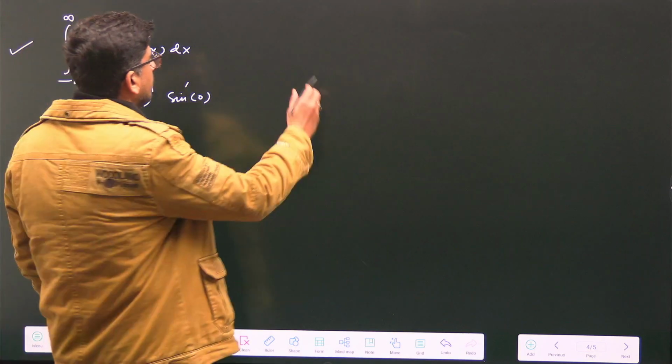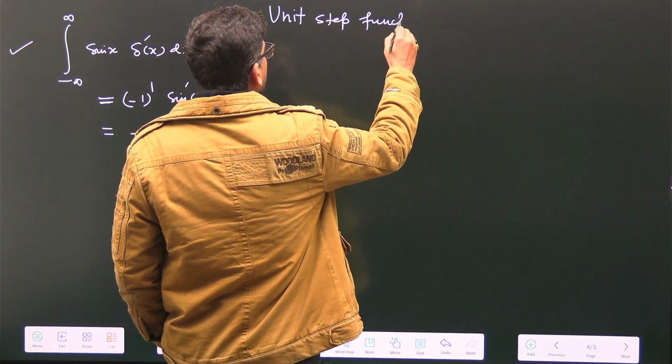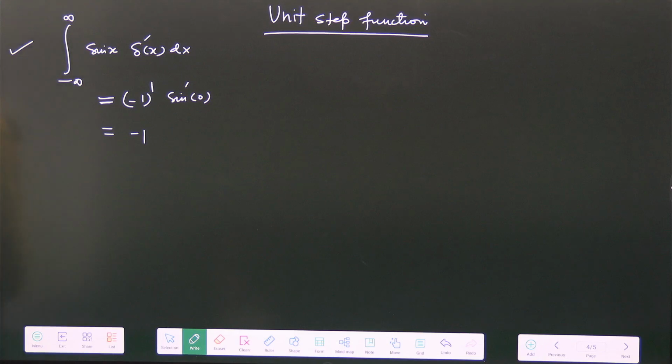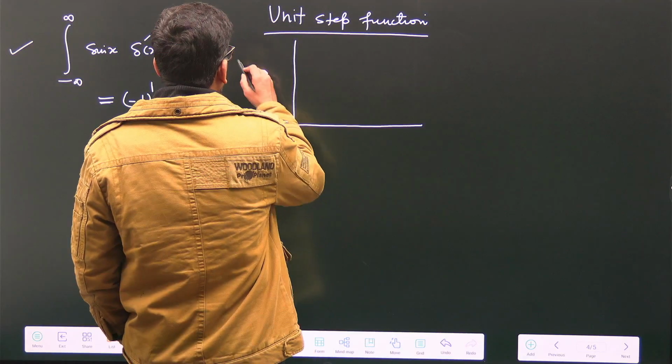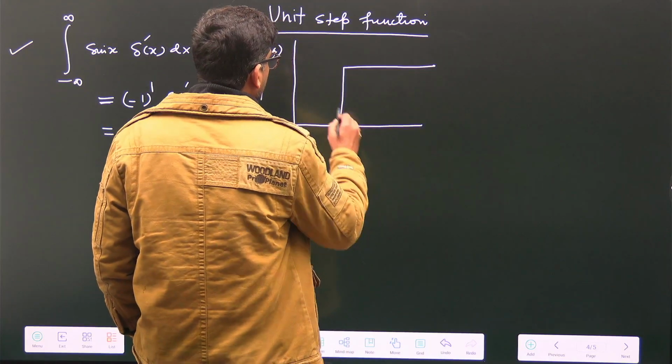Now there is also a function called unit step function. यूनिट स्टेप फंक्शन क्या है? कि अगर मैं लिखता हूं u of x minus a, तो ये फंक्शन a से शुरू होगा और उसके बाद हमेशा 1 रहेगा.